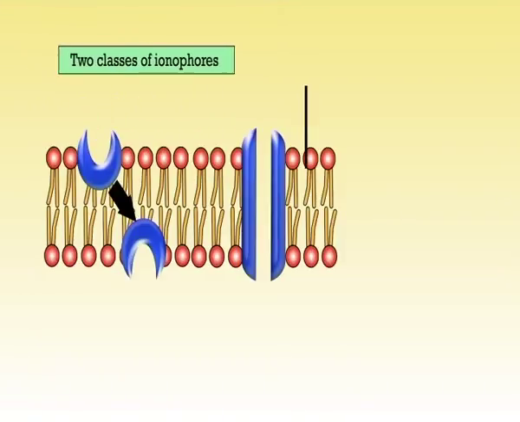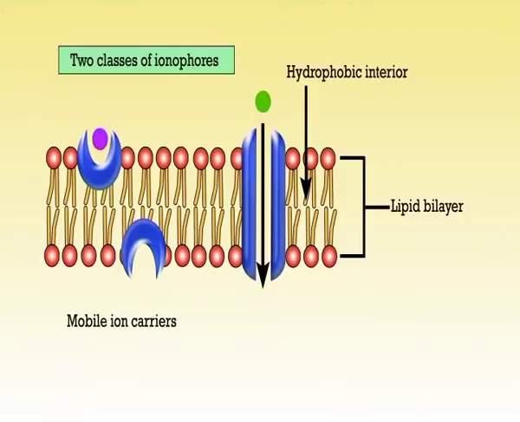There is another class of molecules called ionophores, which are small, hydrophobic molecules found mostly in microorganisms that dissolve in lipid bilayers and increase their permeability to specific inorganic ions. There are two classes of ionophores, mobile ion carriers and channel formers.